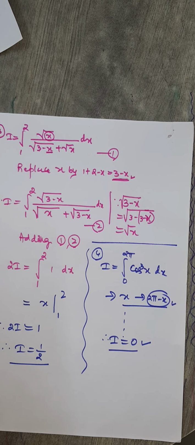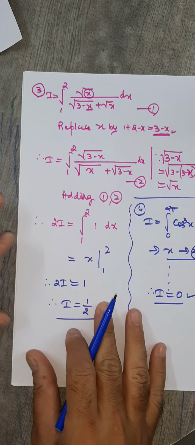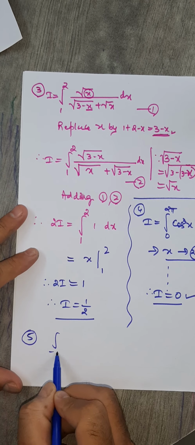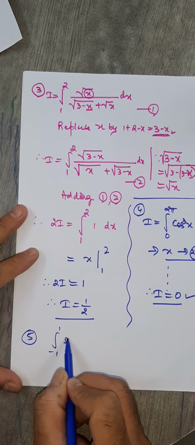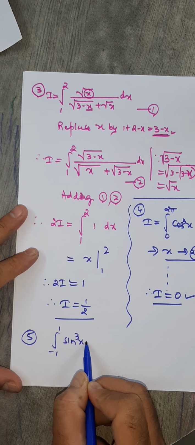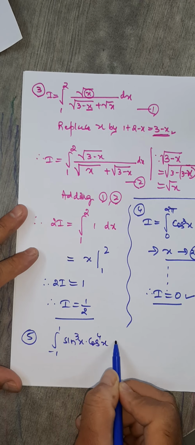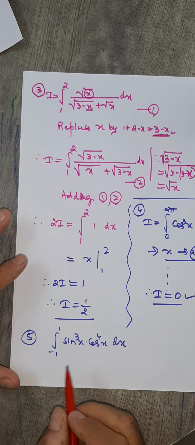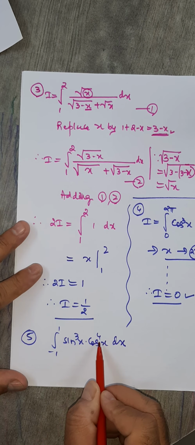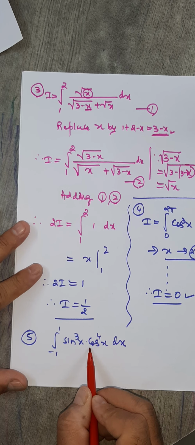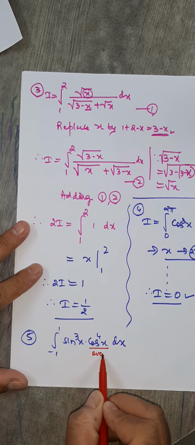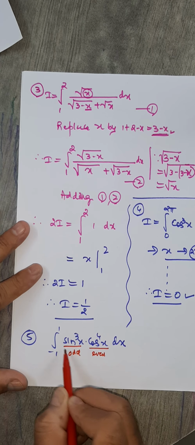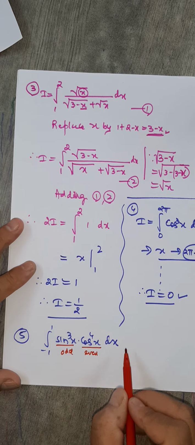Right. Then here next question. Question number 5 here. Integral minus 1 to 1. So you must have realized opposite limits. Ask for the function whether it is even or odd. So what do you think about this function? Cos is an even function and you have even power, so this is an even function. Sine is odd and you have odd power, so this is an odd function. So finally the product becomes an odd function.